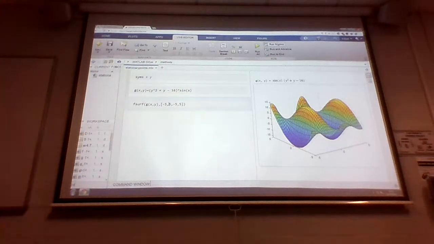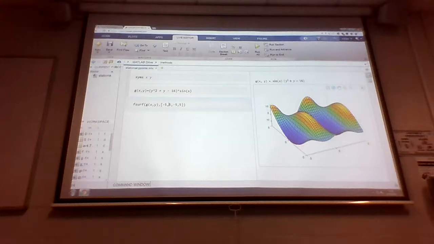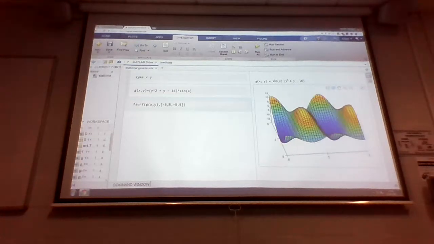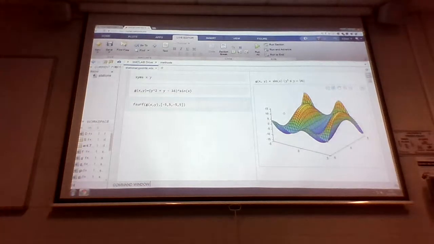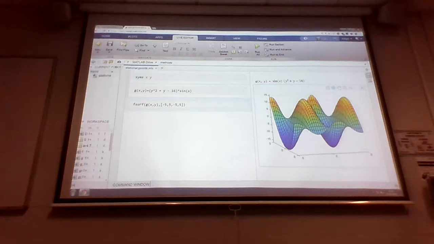And if you spin it around, you can kind of see that there are quite a few of those saddle points, quite a few of those around those minimums and maximums. Okay? They seem to be repeated either side. So just that initial investigation kind of lets us know what we're in for.